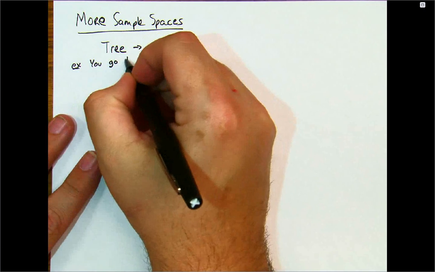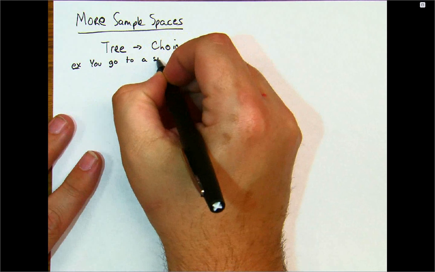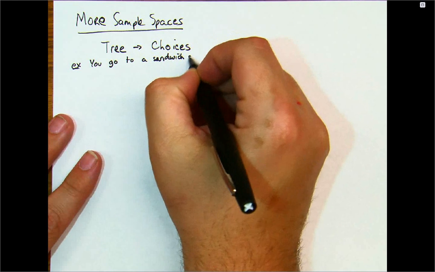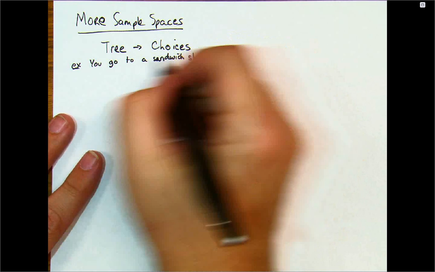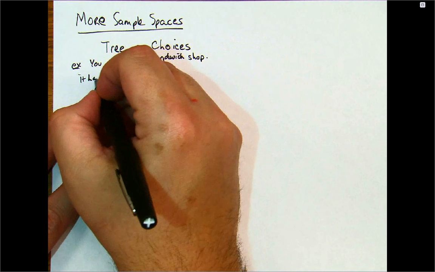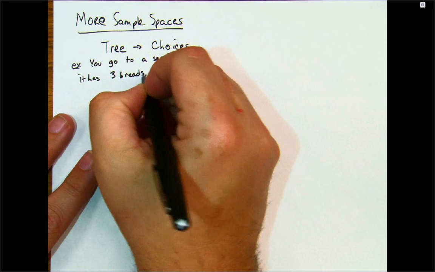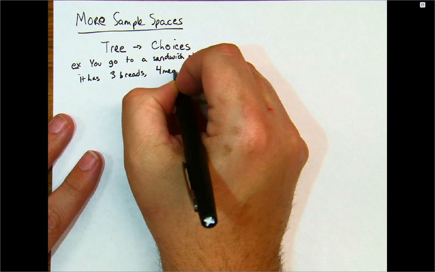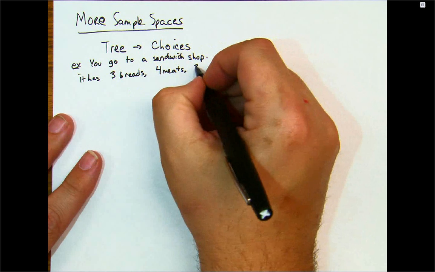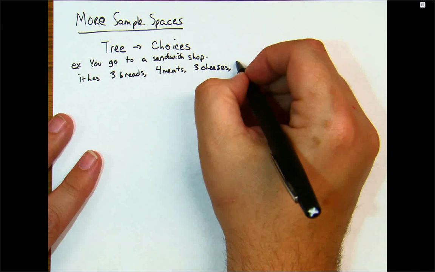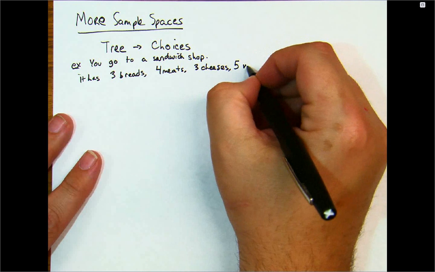You go to a sandwich shop. It has 3 different breads you can choose from, 4 meats, 3 cheeses, and let's say 5 vegetables.